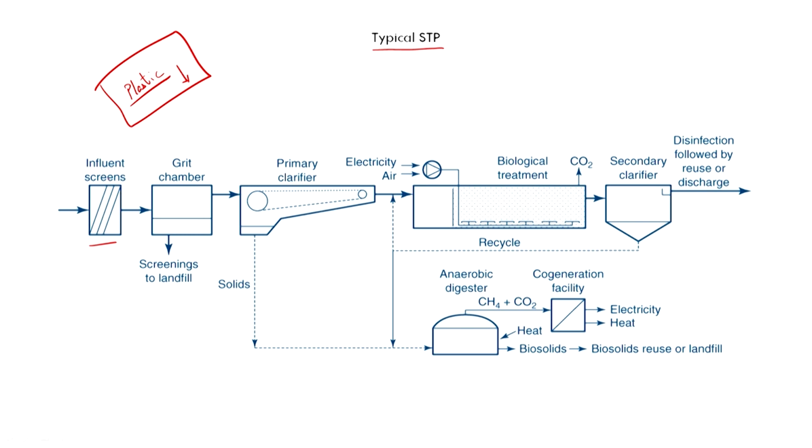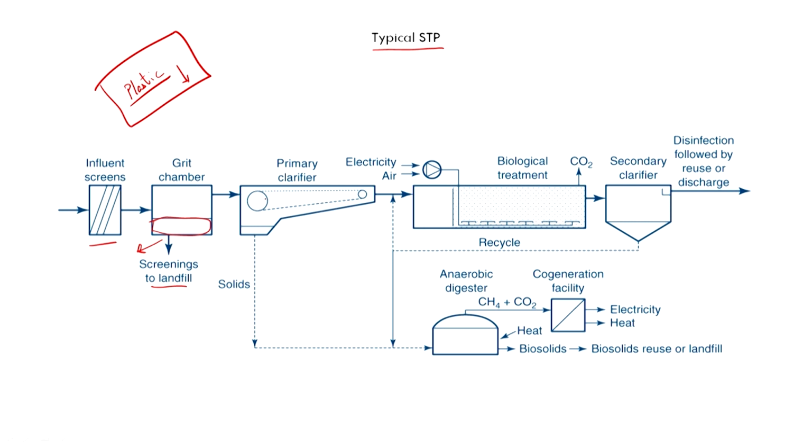To remove that so that it doesn't interfere with the operations and machinery downstream, you have to remove the plastic or such bigger material here, and then the grit chamber, where sand and such heavier particles are allowed to settle down. Depending upon the type of waste, the settled material can go to a landfill or is sent to compost for further treatment.